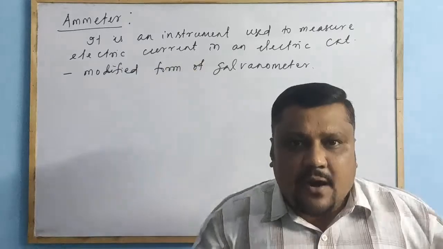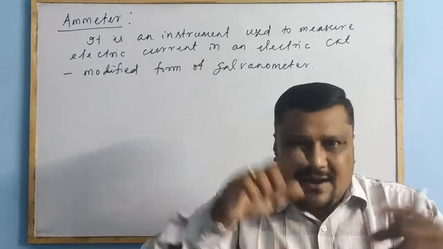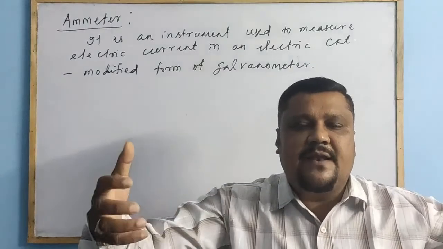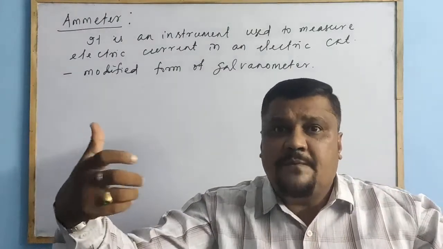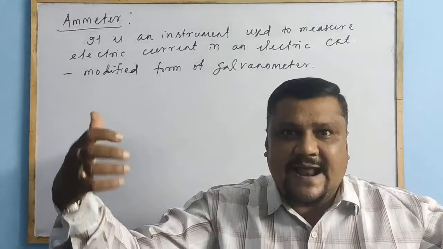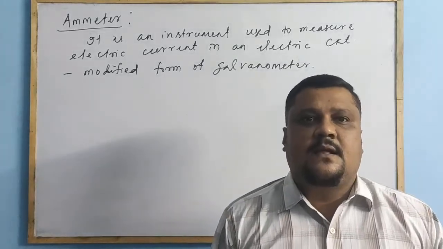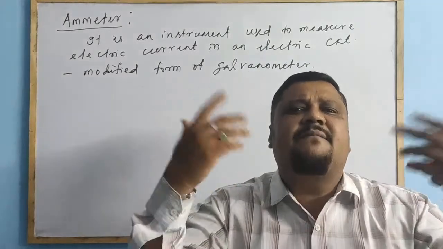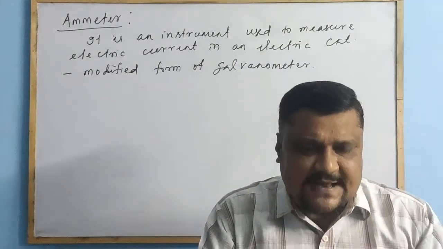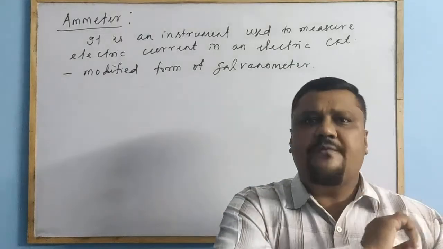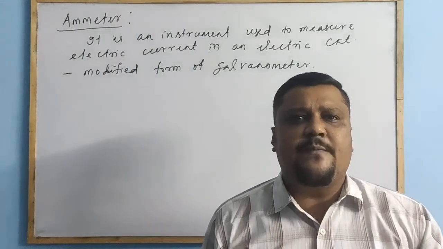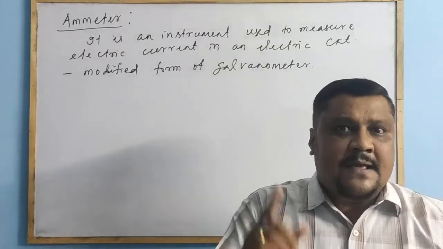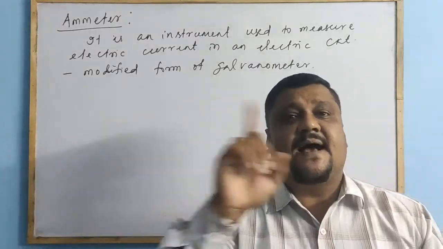When the current passes through the coil, it gives some resistance. So a galvanometer cannot be used directly in the circuit to measure the current because of its high resistance.